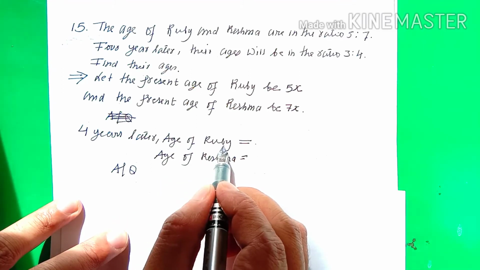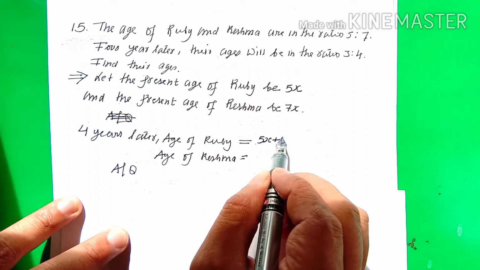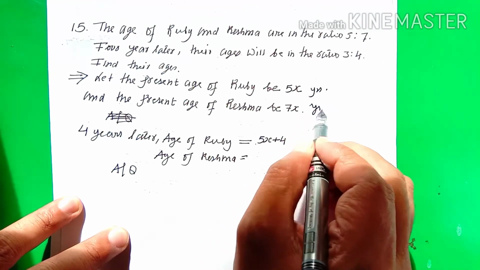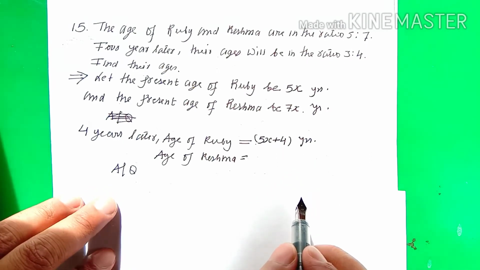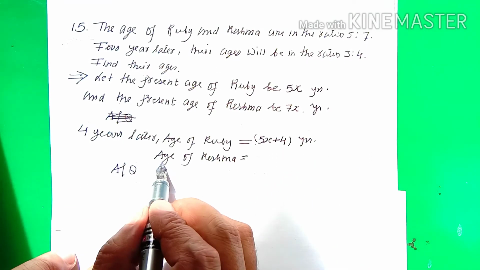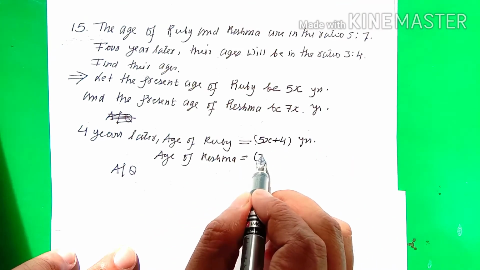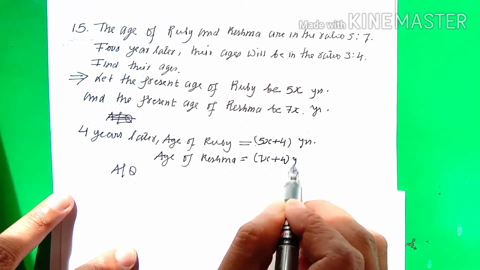It's clearly given here 4 years later, which means after 4 years, the age of Ruby will be present age plus the number of years, which is 4. So it can be assumed as 5x plus 4. And that of the age of Reshma, present age we have 7x, plus 4 years.